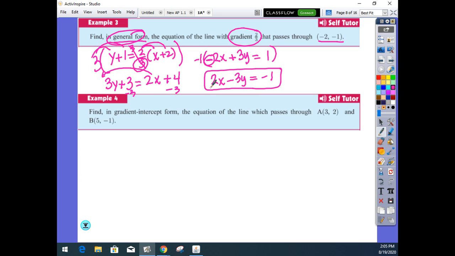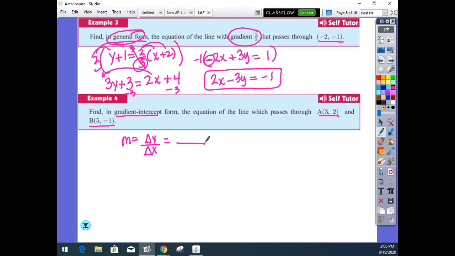All right, example 4, gradient intercept is where we want to end. What are we starting with? 2 points. Actually, the only thing that starts with 2 points is your gradient formula. So my gradient formula, remember, is my change in y over my change in x.